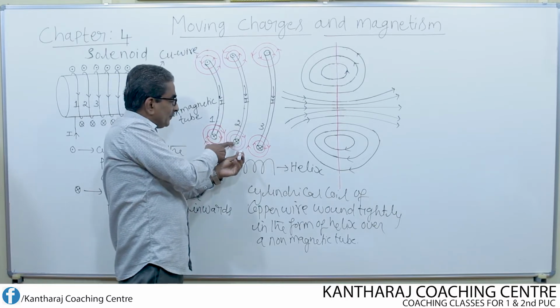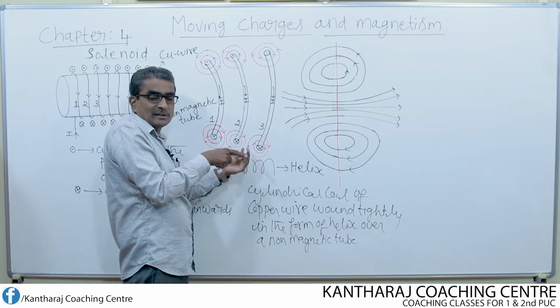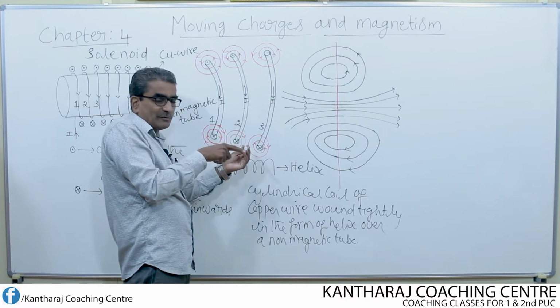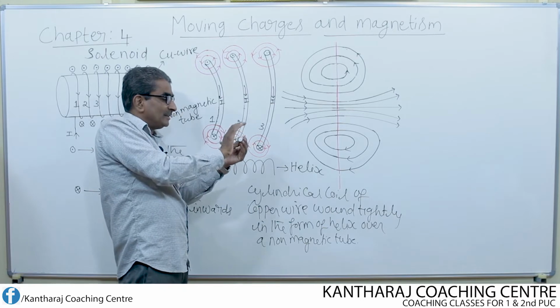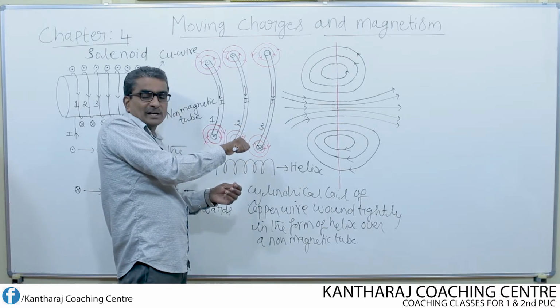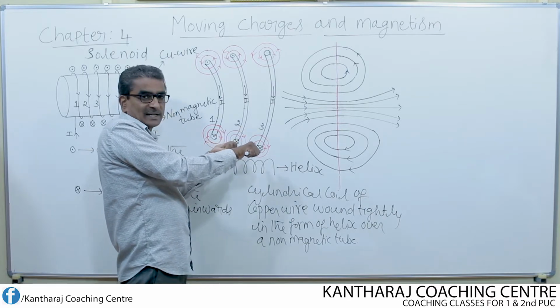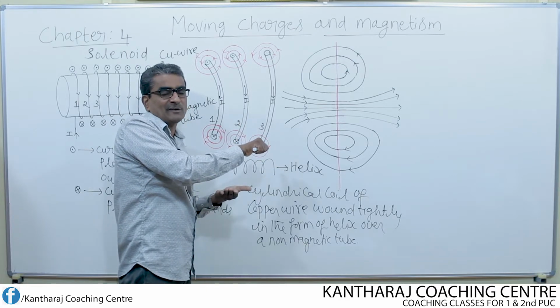Similarly, with respect to turn 2, this is the bottom of turn 2 of the solenoid, that means the second round, the bottom portion of wire, this one. So apply the clasp rule. If you hold the conductor like this, the lower portion of turn 2, the thumb represents the direction of current, whereas the fingers curling give the direction of magnetic field.